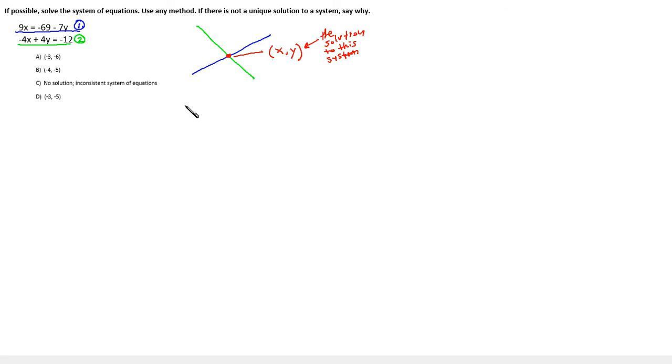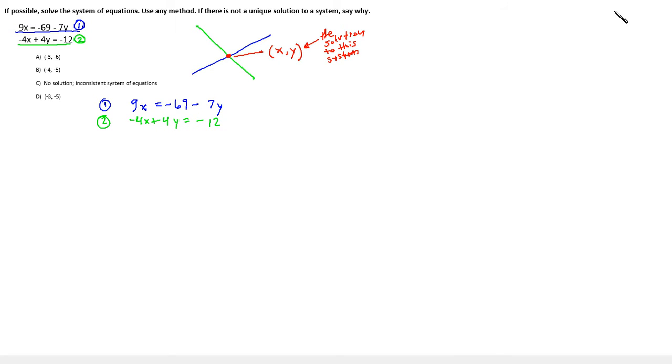Initially, I'm going to rewrite the equations that we're being given: 9x equals negative 69 minus 7y. Here's equation 1. I'm going to put the equation numbers on the left to give us a little working room. And equation 2 is negative 4x plus 4y equals negative 12.